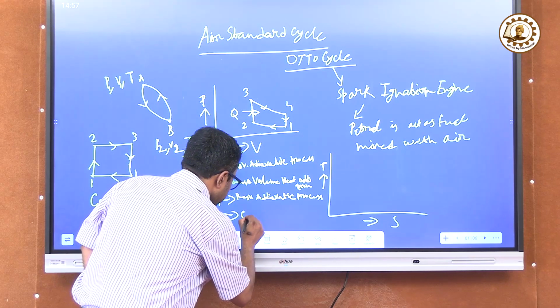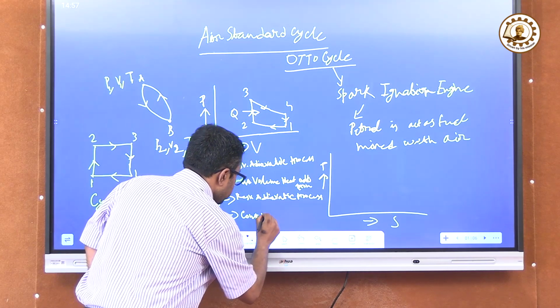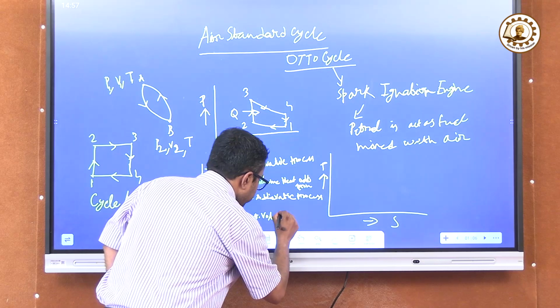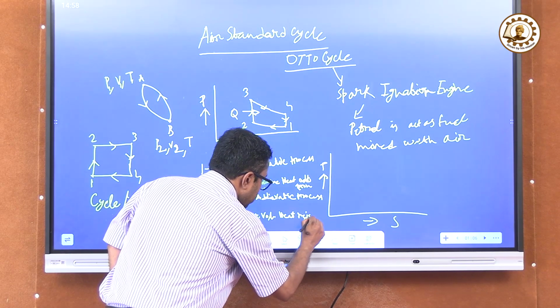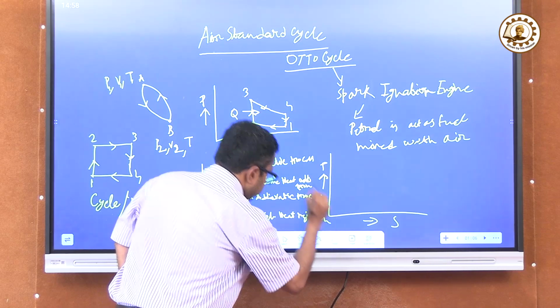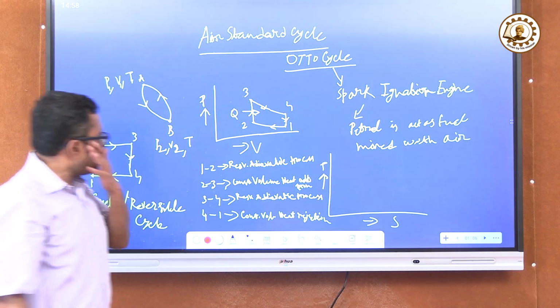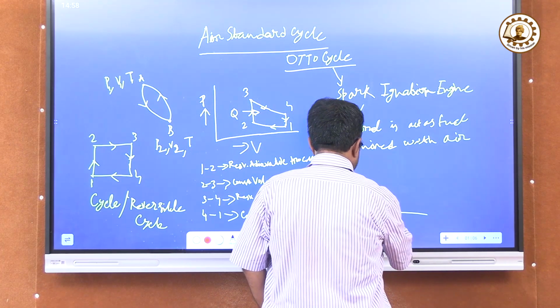That means constant volume heat rejection. Now, what is the TS diagram?